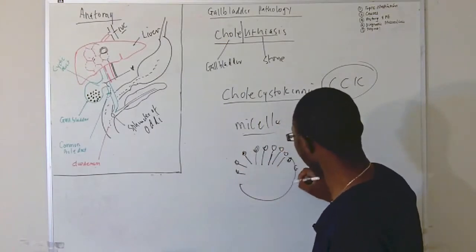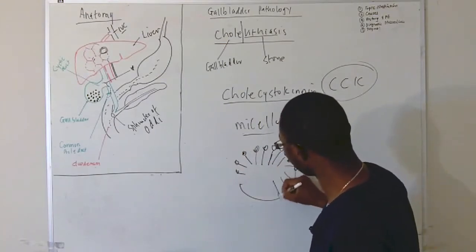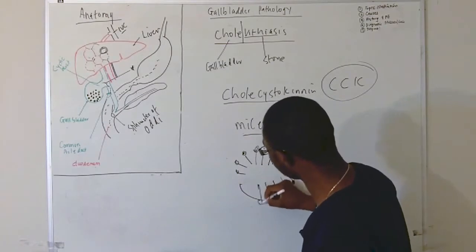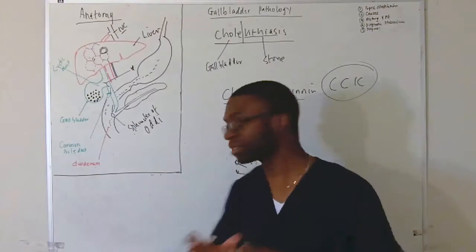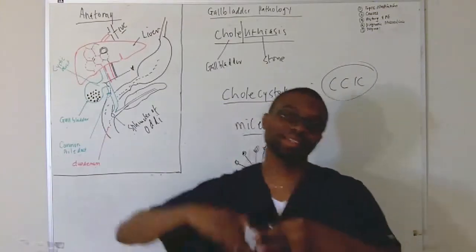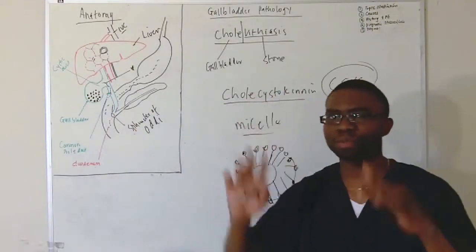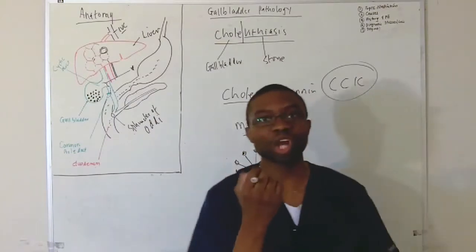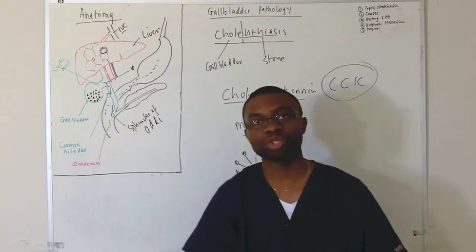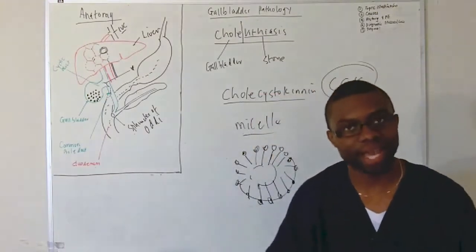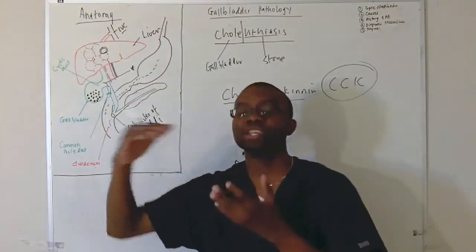Kind of goes around like that. You get those nice little micelles that have the hydrophobic layer and the phospholipid membrane, and you get these tiny little droplets, and these droplets go into your what? It goes into your duodenum, goes to your jejunum, and then lipases can act on them, breaking them into fatty acids and what?